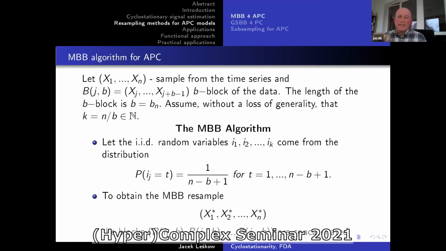So let us first start with something very simple. I'm going to explain within a couple of minutes how the bootstrap works. Let us assume we have a sample from a time series, which means this sample does not represent independent variables. Let us for the moment forget that we have non-stationarity, not to complicate the picture at the very beginning, but just to give you the idea of how the bootstrap works.